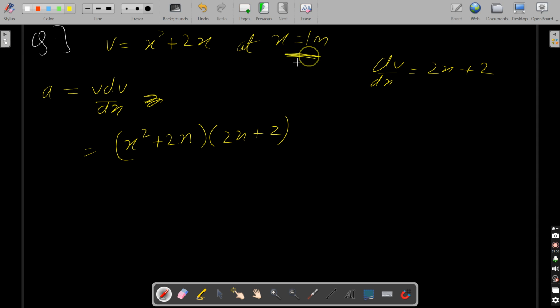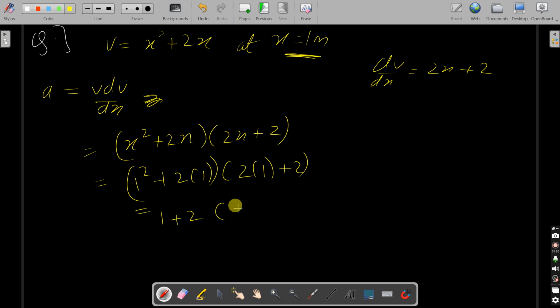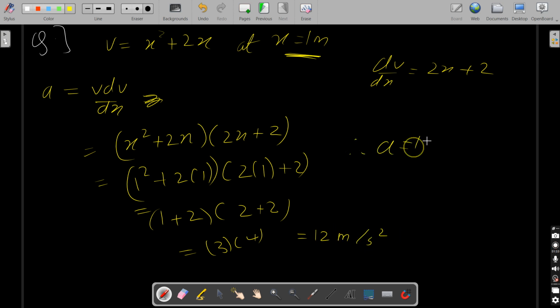At x is equal to 1 meter, substitute x as 1. So 1 square plus 2 into 1, and 2 into 1 plus 2. This becomes 1 plus 2 into 2 plus 2. This becomes 3 into 4. This is 12 meter per second square. Therefore, our acceleration is 12 meter per second square.